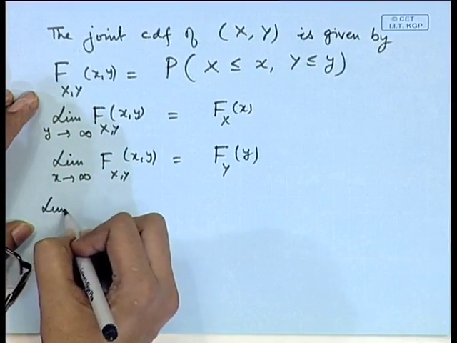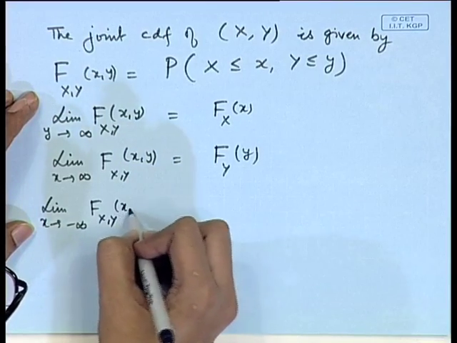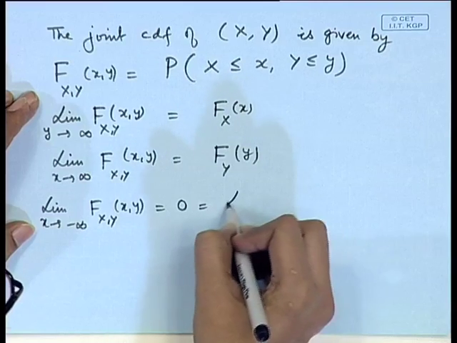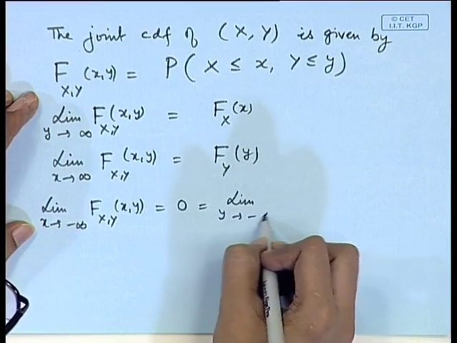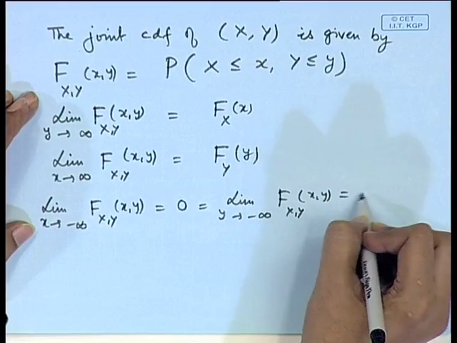If we take either of x tending to minus infinity or y tending to minus infinity, we get 0.